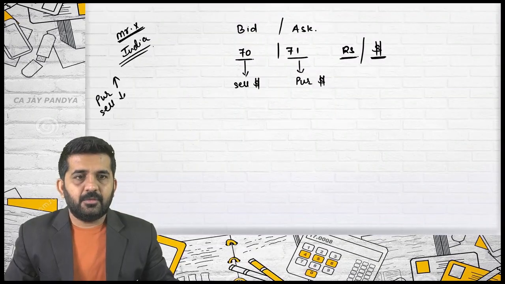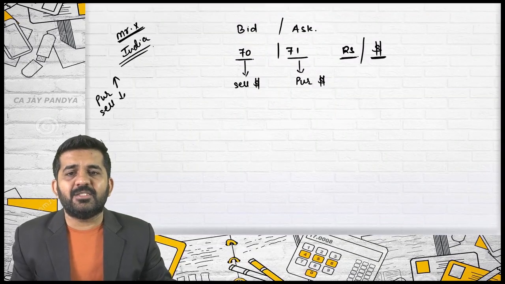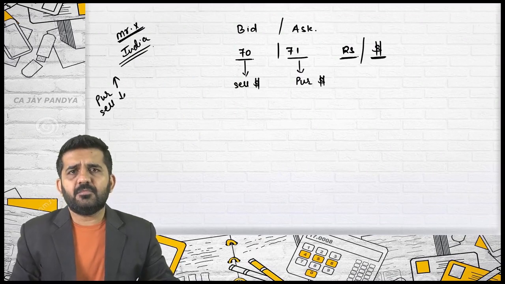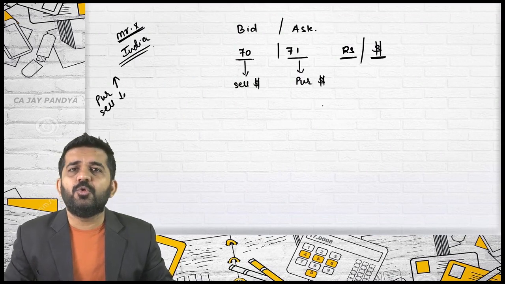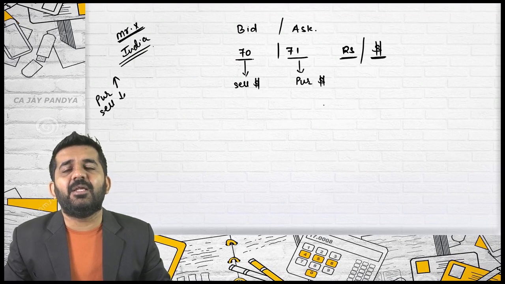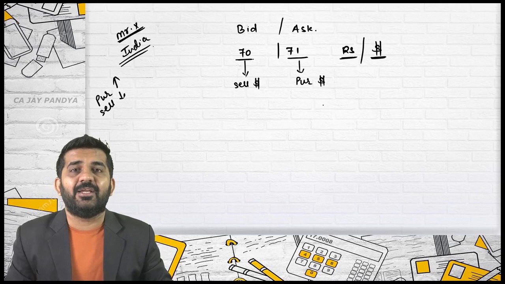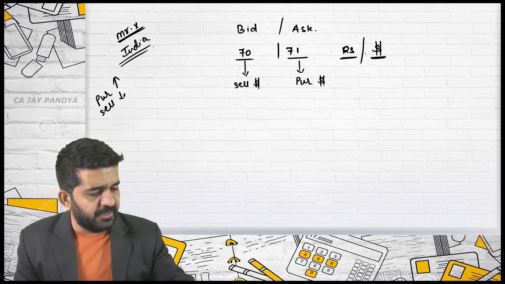Mr. X is an Indian person for whom the home currency is rupees. So if you want to convert some foreign currency, say dollar, into rupees, you can directly multiply the dollar with this rate and it will be converted into rupees.